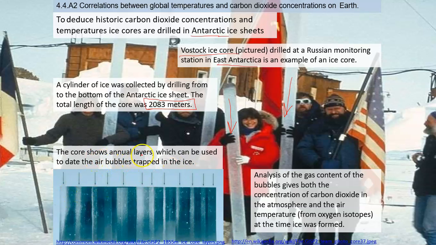The core shows annual layers which can be used to date the air bubbles trapped in the ice. You see the different layers over here, and each layer can show the different traps of different gases, especially the carbon dioxide trapped into each layer, and it provides the information related to each year.